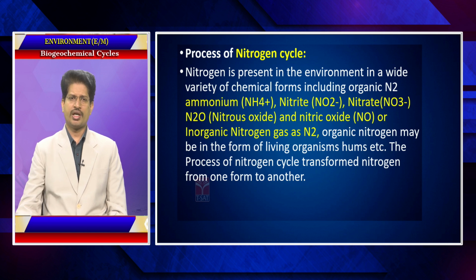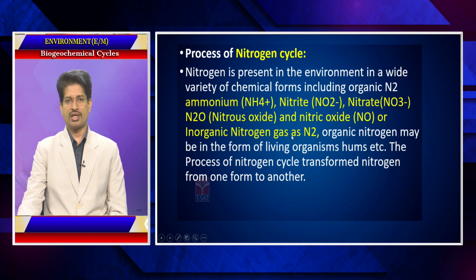Here nitrogen is present in the environment in a wide variety of chemical forms, including organic nitrogen, N2, ammonia, nitrate, nitrites, nitrous oxide and nitric oxide, or nitrogen gases. So, it is present in the form of nitrogen gas also.